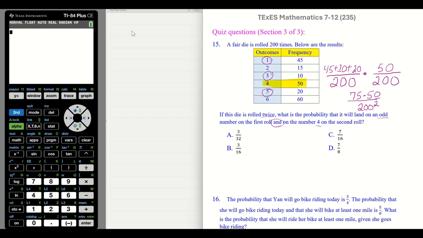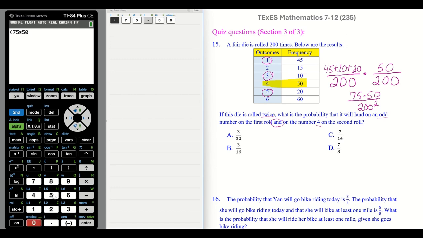First I'm going to put the numerator in parentheses just in case, and so we can see what we've got. 75 times 50, close the parentheses and divide by 200 squared, 200 times 200. All right, enter.